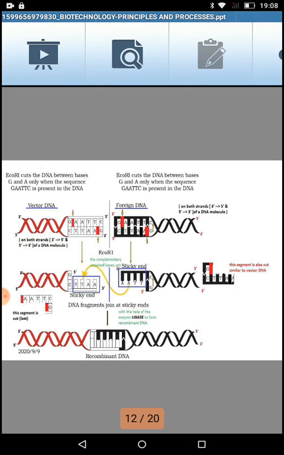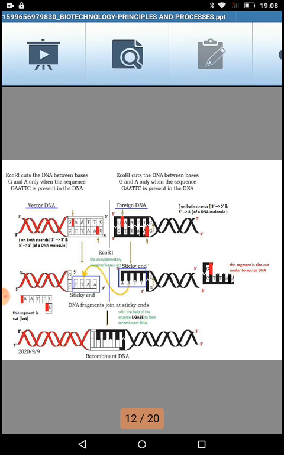Like you can see in the diagram here, GAATTC. If the DNA strand is at the 3'-5' end, the nitrogenous bases will be GAATTC. The opposite of it will also be GAATTC. That is, the second orientation will be 5'-3' end.